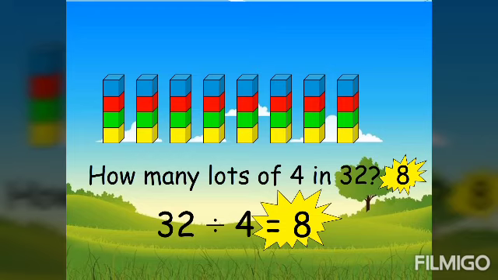We formed now the 32 lots into groups of four. So I mean four lots in each group. So now let us count how many groups of 4 are there in 32. So let us count all together. 1, 2, 3, 4, 5, 6, 7, 8. Oh, guys, fantastic work. We have a total of 8 groups of 4 lots here. We have a total of 32. So again, 32 divided by 4 equals 8. So that is the answer.